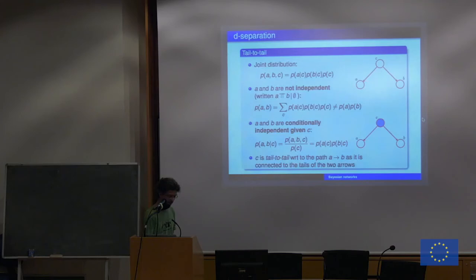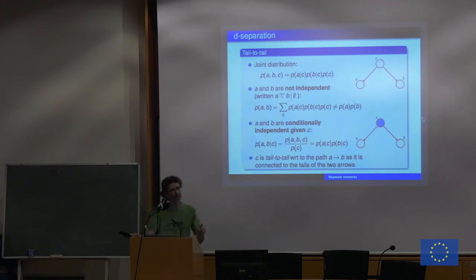Now, basically the idea is to start with simple networks, okay? Show rules on simple networks, and then show how to combine these rules. The simplest possible network where you can be interested in discussing independencies is a network with 3 nodes. Because if you have 2 nodes, either there is a link or there is not, so it's trivial.